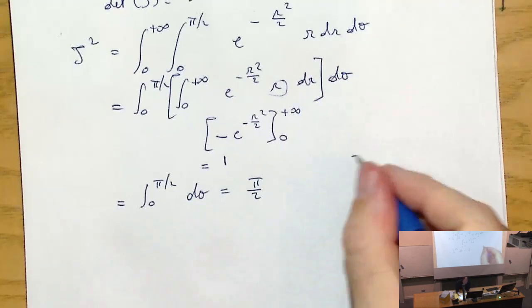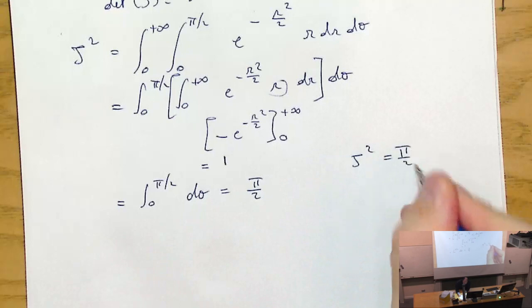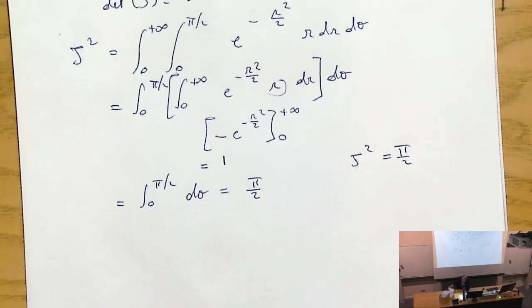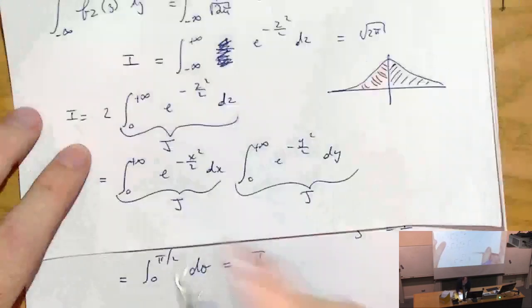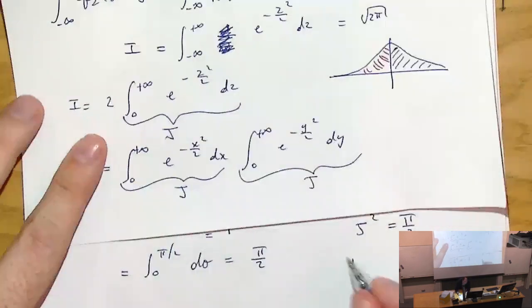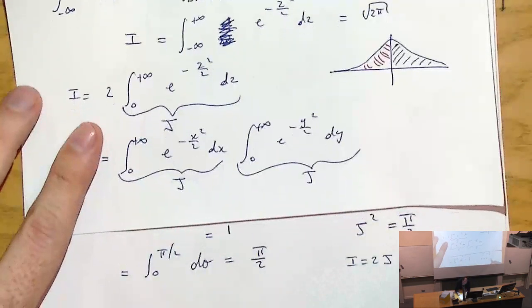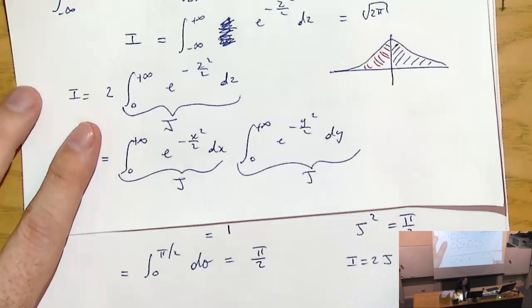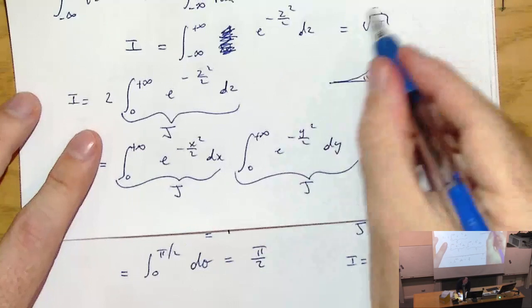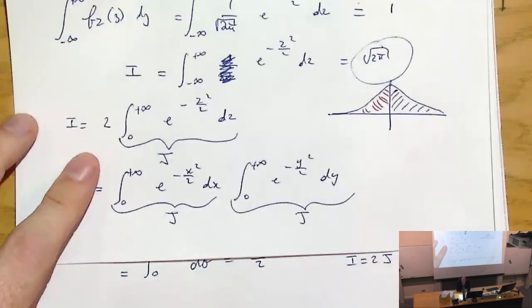So we have J squared is pi over 2. And what we had here is I is equal to 2J. So it's equal to 2 multiplied by the square root of pi over 2, that's essentially equal to the square root of 2 pi, and then we get indeed what we were expecting.